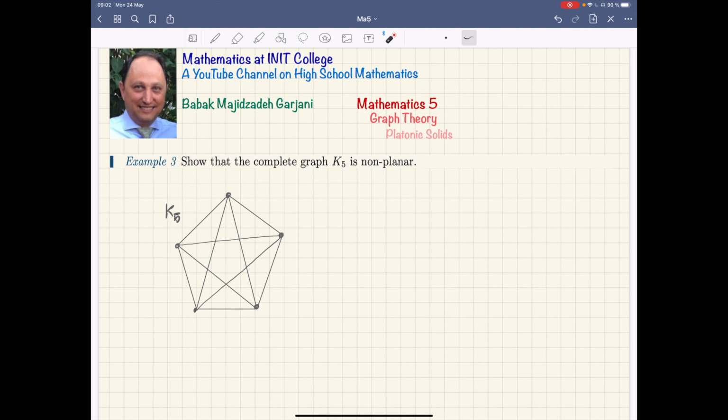So first of all, this is a simple graph and it is a connected graph. We prove by contradiction.